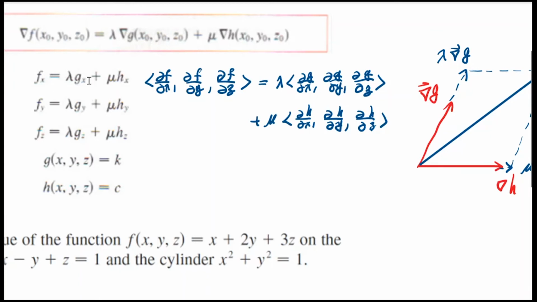You know what I'm saying? That's F sub x. And the Y component of the vector is equal to lambda times this plus mu times that thingy. And so on. You get it?